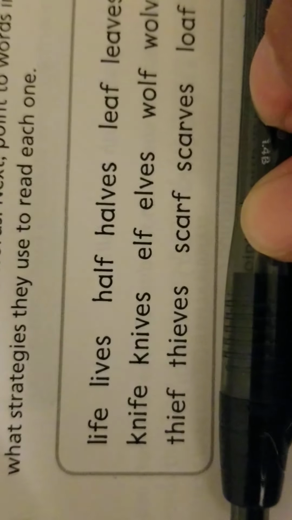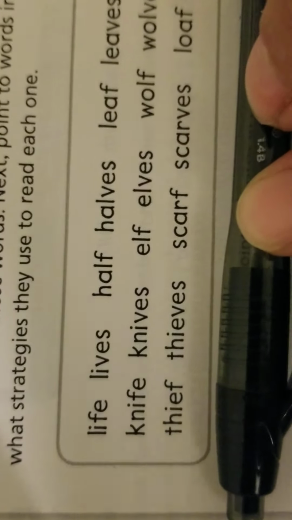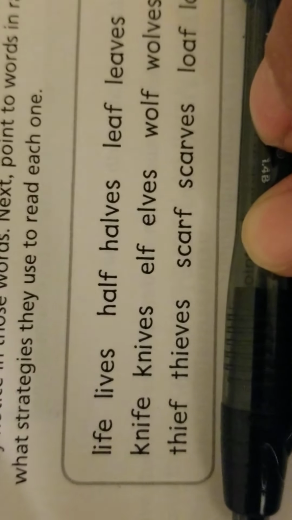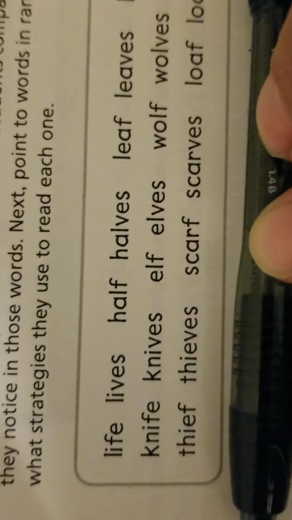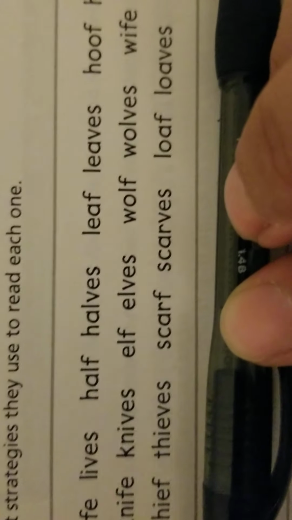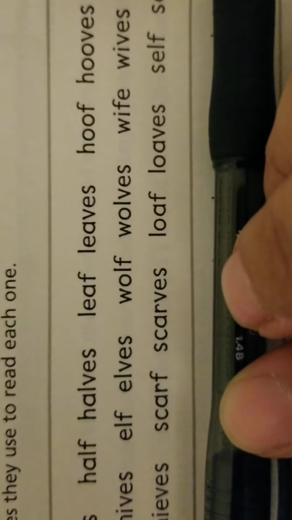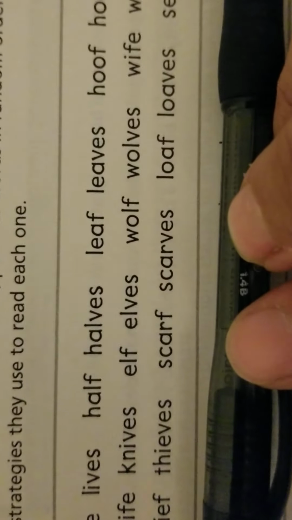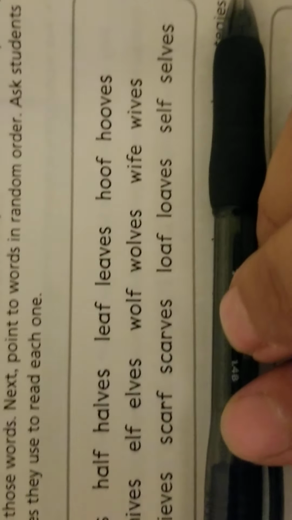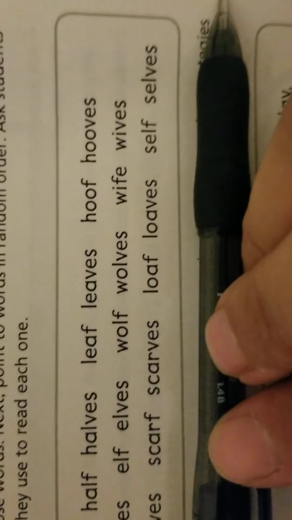If a singular form ends with an F, we change the F to a V, then we add ES. So life would be lives, half would be halves, leaf would be leaves, hoof would be hooves, knife, knives, elf, elves, wolf, wolves, wife, wives, thief, thieves, scarf, scarves, loaf, loaves, self, and selves.